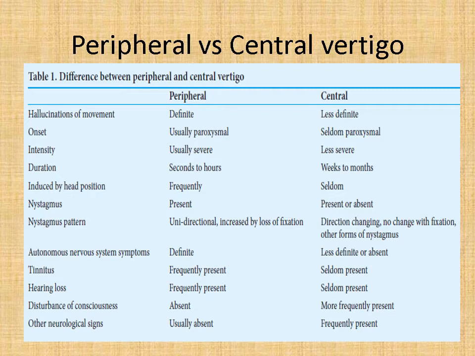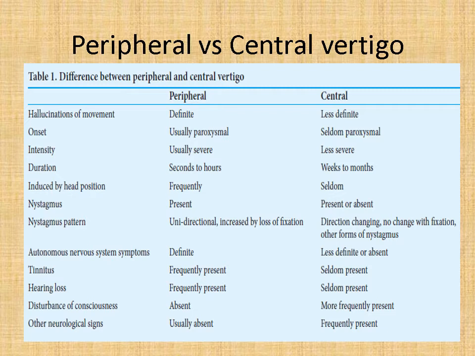The nystagmus pattern in peripheral vertigo is unidirectional, and it can be abolished by fixation, or increased by loss of fixation. Whereas in central vertigo, the nystagmus is direction changing, meaning it may change its direction, and fixation has no effect.